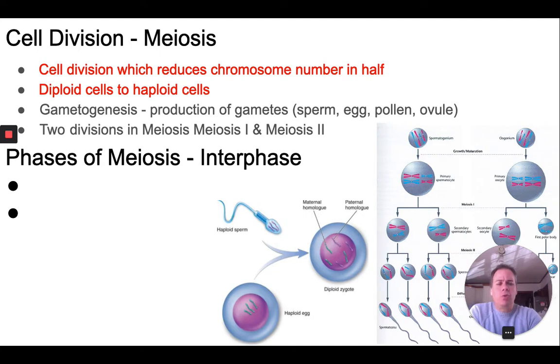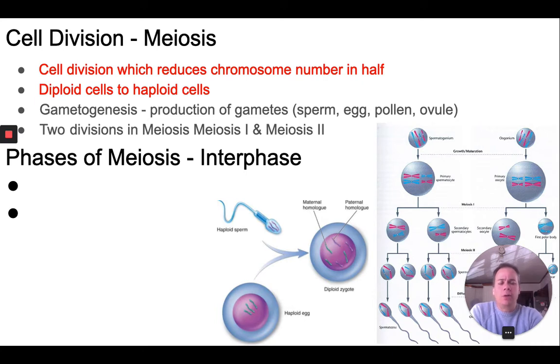Typically, for an organism to grow taller or to repair damage, those new cells are produced through mitosis. In living organisms, the only time meiosis is ever necessary is to produce specialized reproductive cells called gametes: sperm cells, egg cells, and the cells in pollen and ovules in plants.